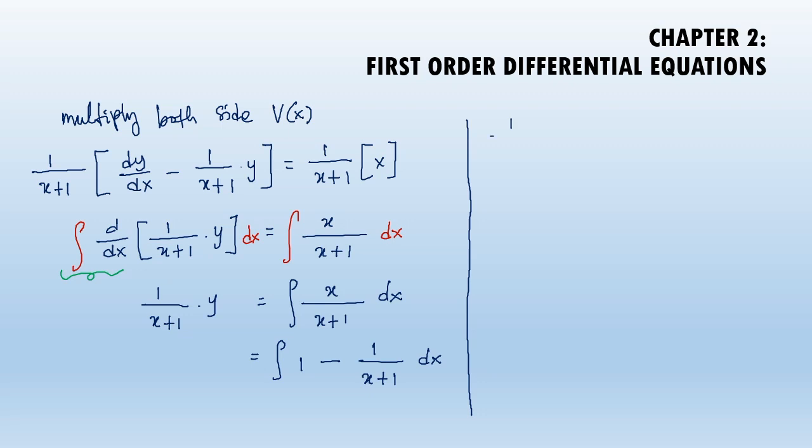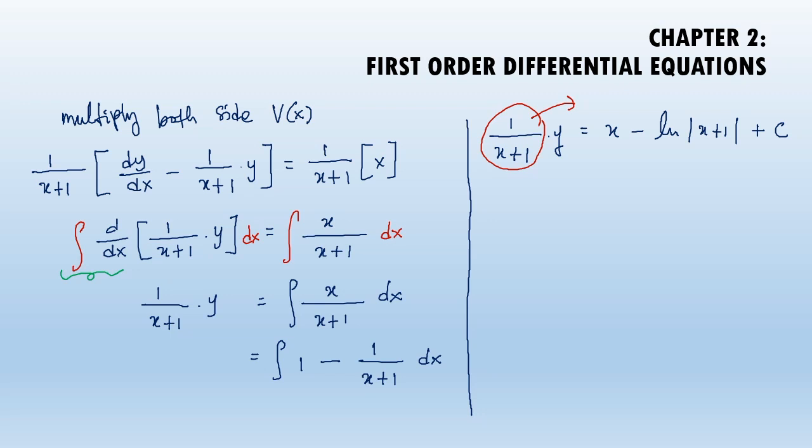So we have before 1 over x plus 1 times y. So we have x minus ln x plus 1 plus c. So we move 1 over x plus 1 to the other side.